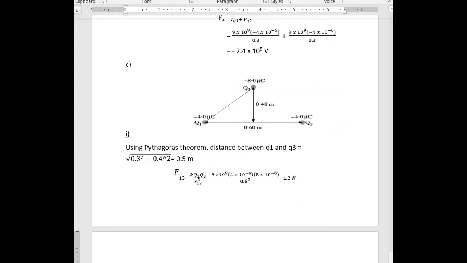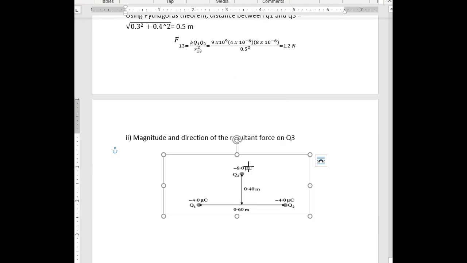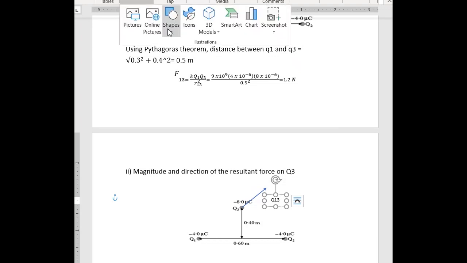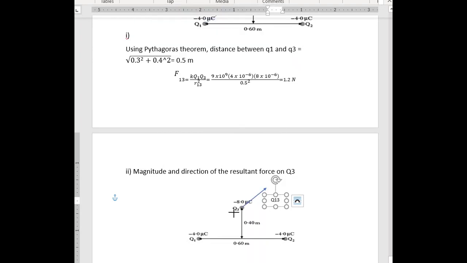To calculate the magnitude, force of Q1 on Q3 will be this way, and force of Q2 on Q3 will be in the other direction.